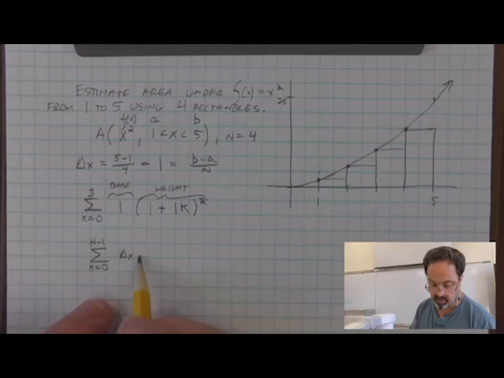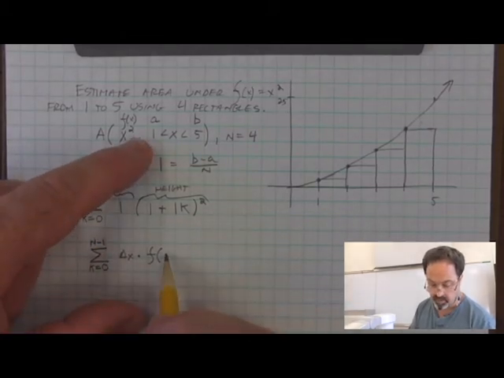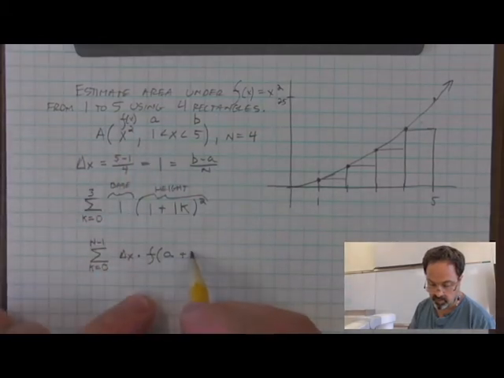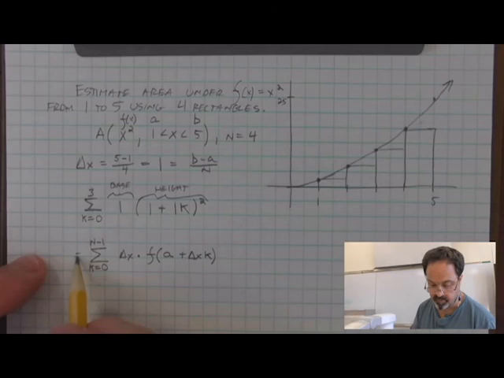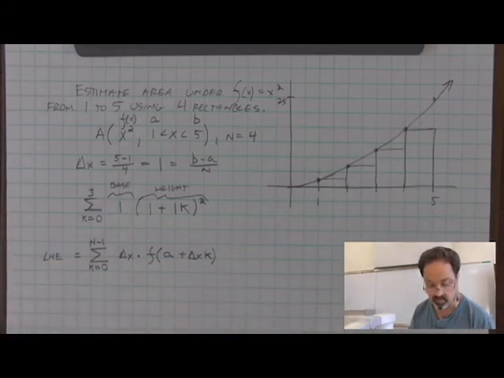And the height that we multiply the base by is always the function, but not composed with x, composed with that beginning of the interval a plus delta x's for every value of the index k. And this is often the general form of sigma for the left-hand estimate using rectangles.